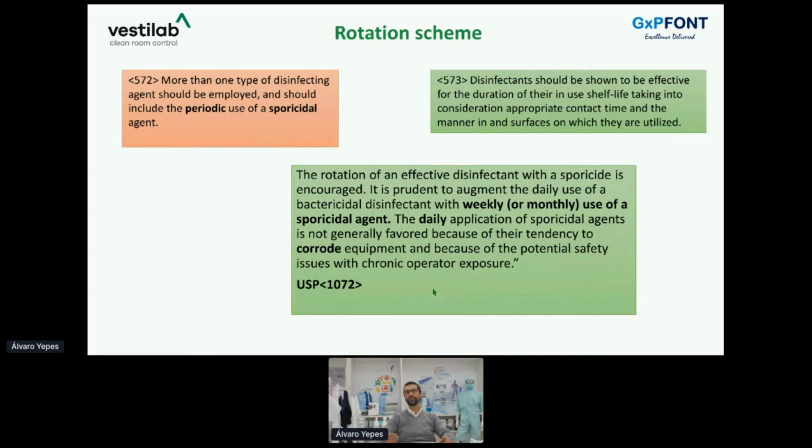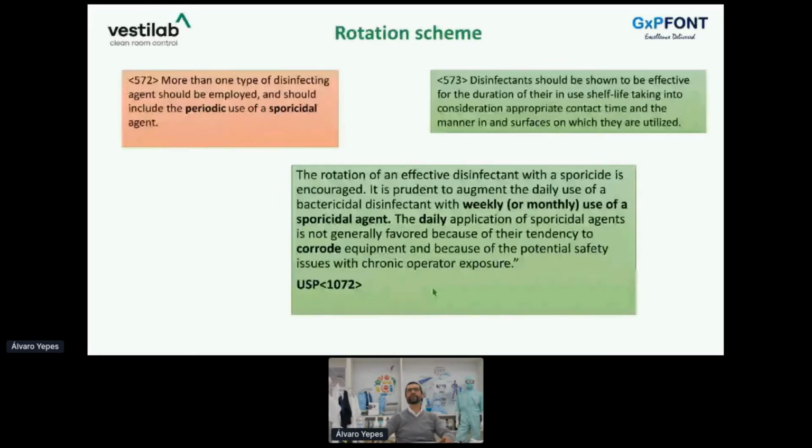Also, the operators will be exposed to stronger chemicals, which obviously makes their application more difficult. And if operators are not comfortable, it's more difficult for them to do a proper job of overlapping the strokes or doing the right mopping technique.